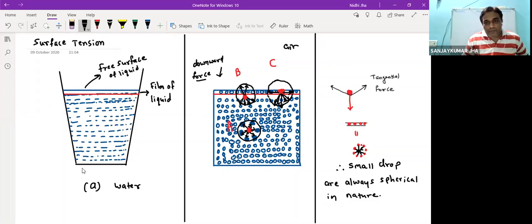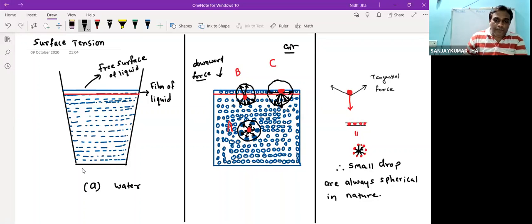This liquid molecule is in contact with air as well, so they are two different molecules, and the force of attraction is adhesive force. With respect to air, adhesive force is negligible because air is free. So molecule C experiences only a downward cohesive pull.